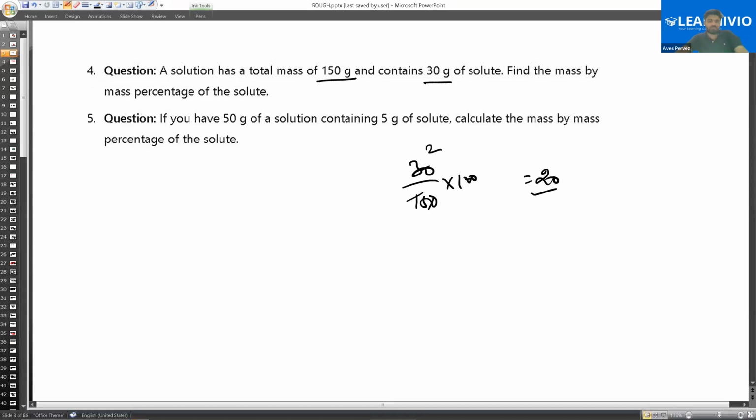Okay, which is the easiest one? Okay, 10%, it is correct.